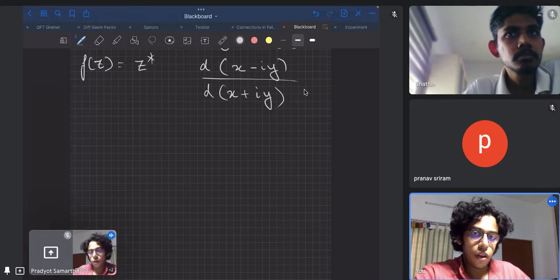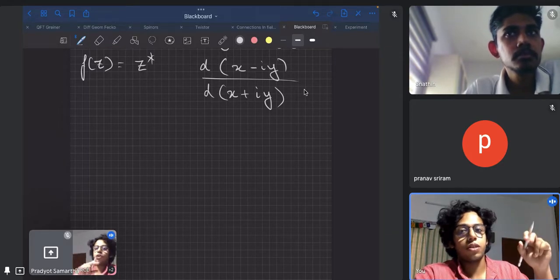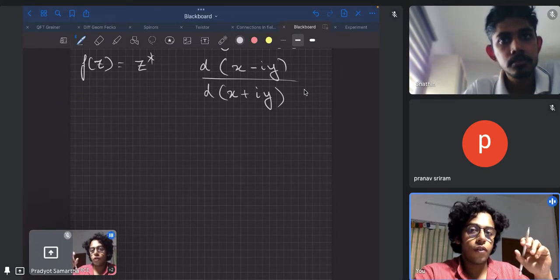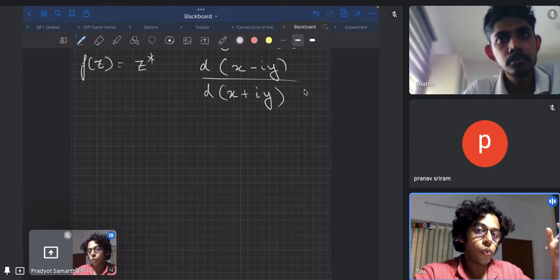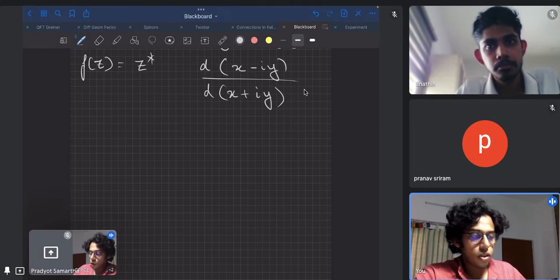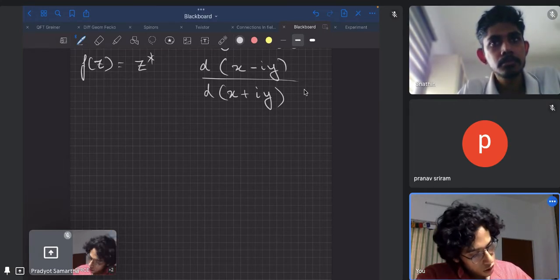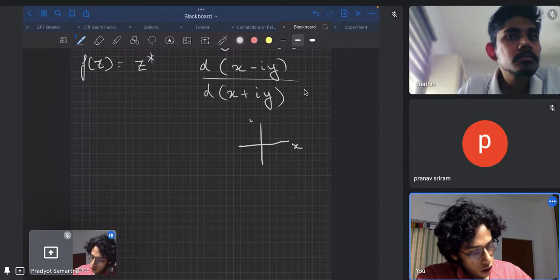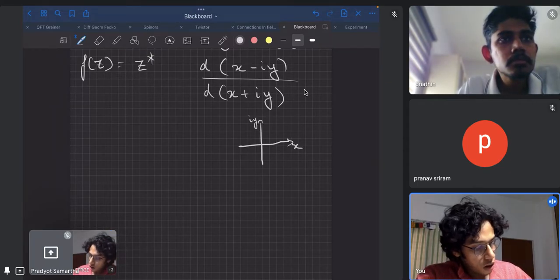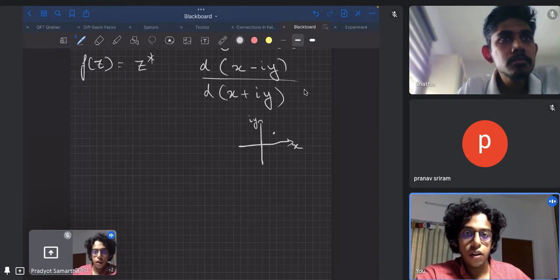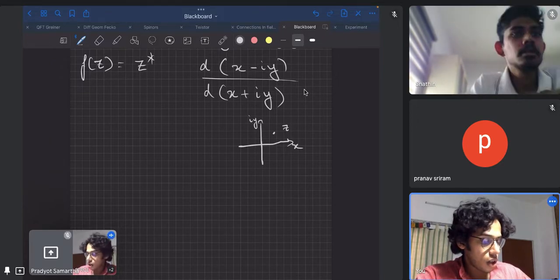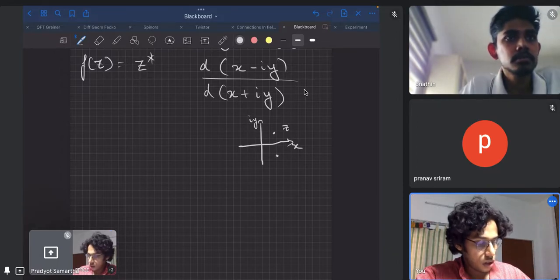If you notice, as you change x + iy, this is actually continuous. What do you see logically here? If you have x here and iy here, and this is z, then z conjugate will be here.